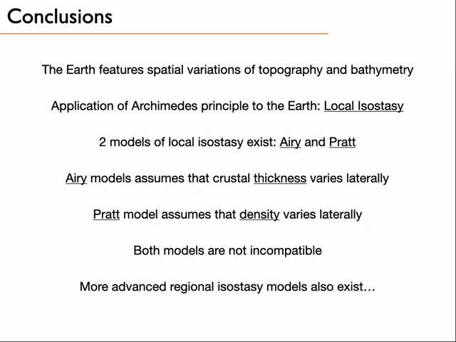There are two local isostatic models. One is Airy's model and the other is Pratt's model. The Airy model assumes that the crust thickness varies laterally. The Pratt model assumes that the density varies laterally. Both models contrast, but they are not incompatible, and in fact you can combine them.